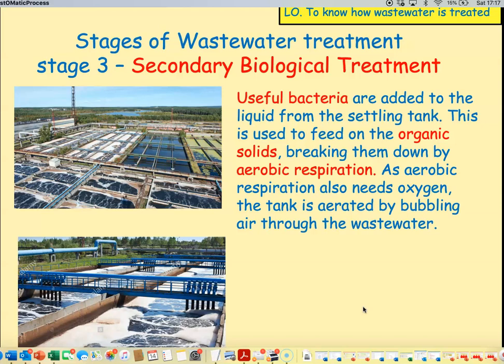Right, the third stage is called the biological treatment. Here we're going to put useful microorganisms, bacteria, into the liquid water, and they're going to feed on the organic solids. They're going to break them down with what we call aerobic respiration. Now, as you know from biology, aerobic respiration means with oxygen.